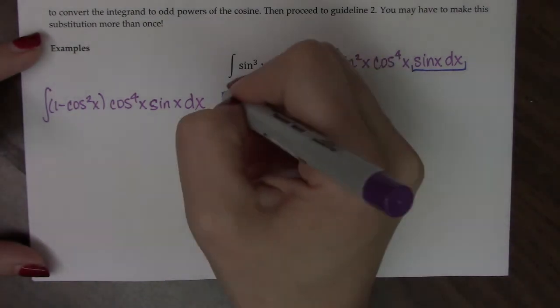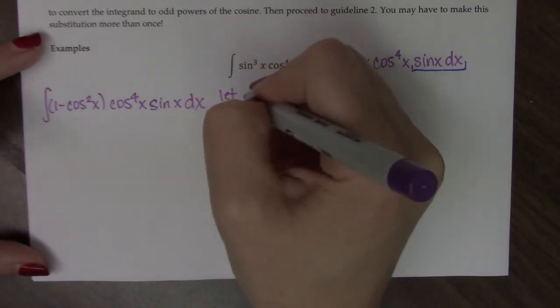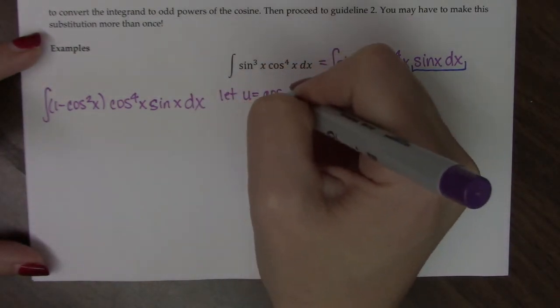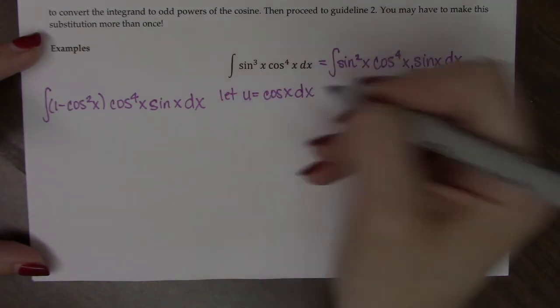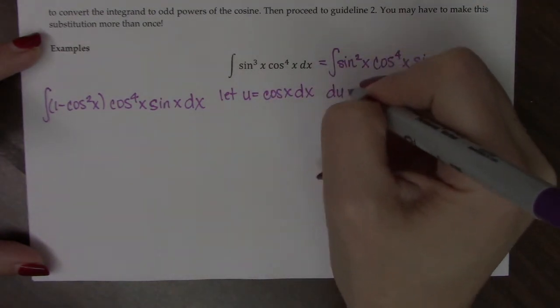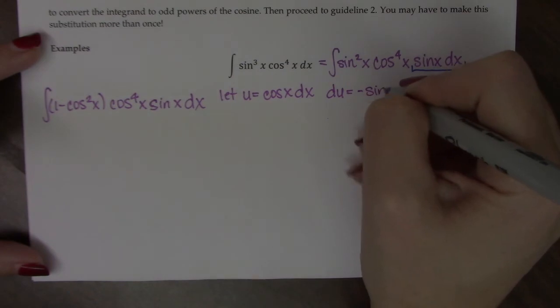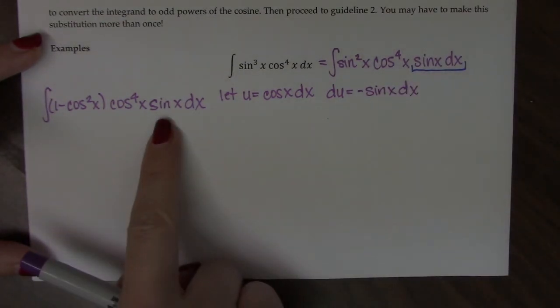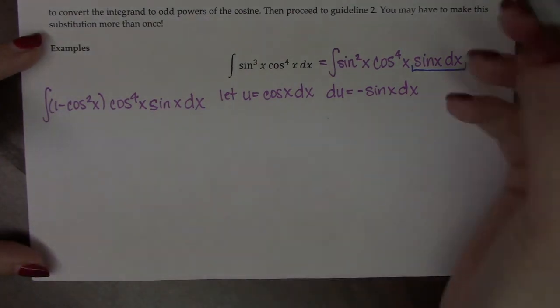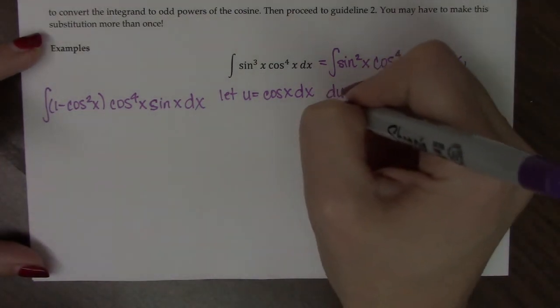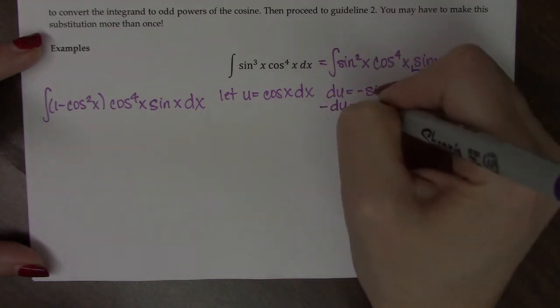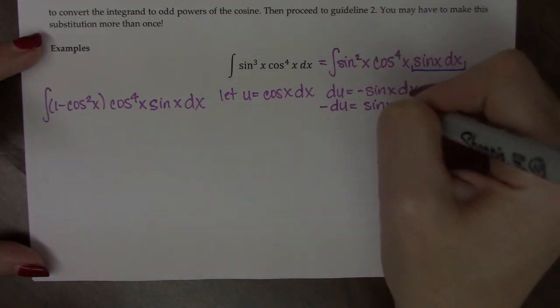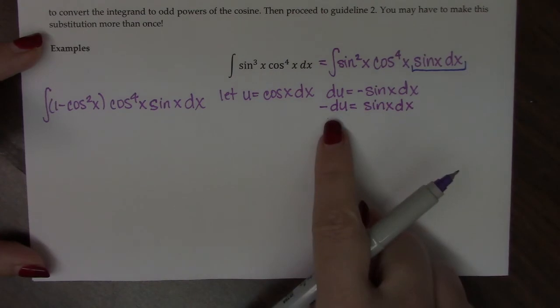And I can simply say, okay, let u be cosine x. Then that means du is negative sine x dx. Since I don't have a negative sine x dx, I only have a sine x dx, I can take this one step further and say I'm just going to replace sine x dx with negative du.